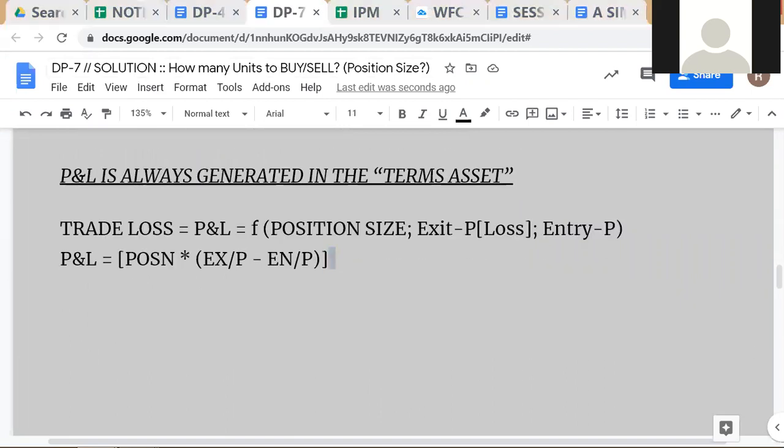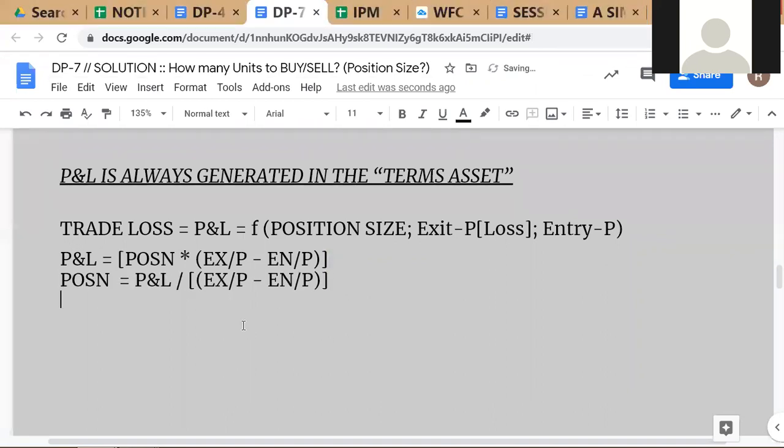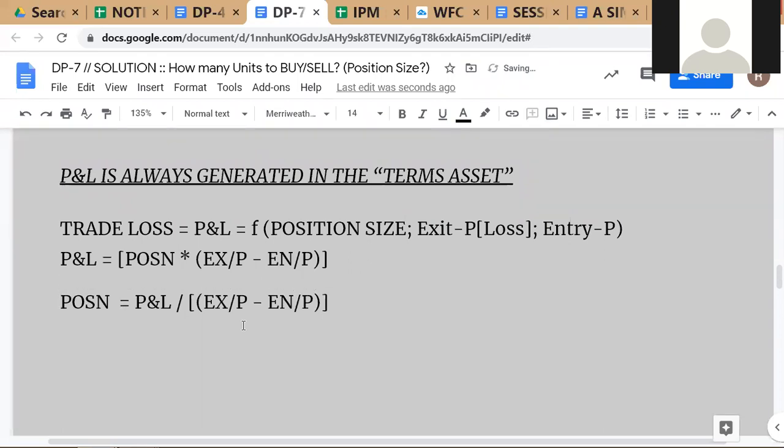We can change it around and write it like this, where EXP is exit price, and here we assume it is the exit price on loss. This formula will apply for profits as well, but at this point we are more concerned with position size modeling, so we focus on the loss.